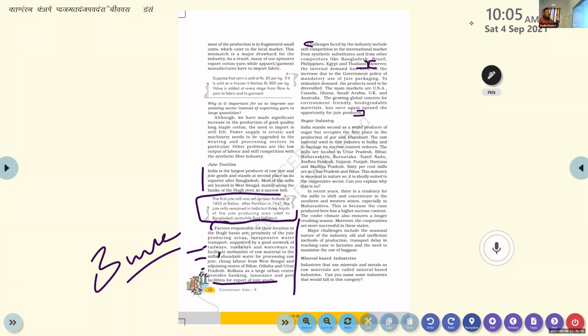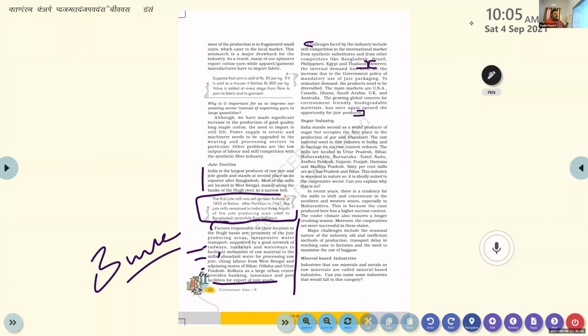Okay. So this is all about the jute textiles, jute industry. We studied about the location of jute industry and what are the factors responsible for the concentration of jute textile industry on the banks of river Hooghly, and the problems or challenges faced by the jute industry and the steps taken by the government to solve those problems.